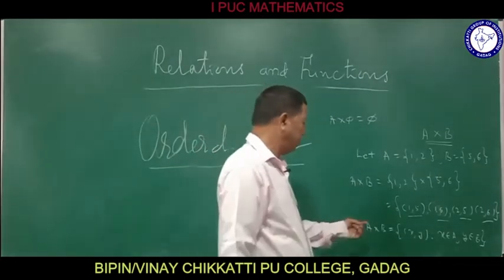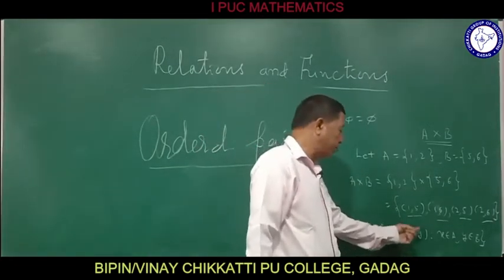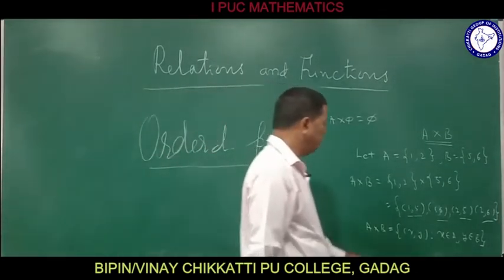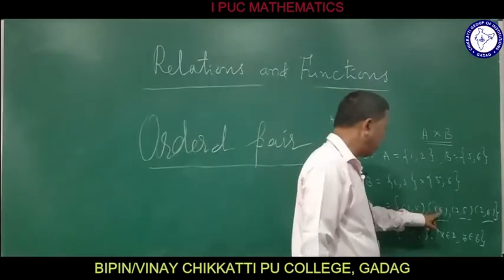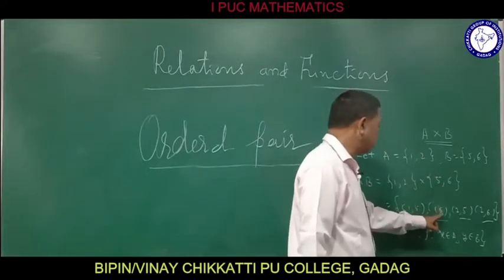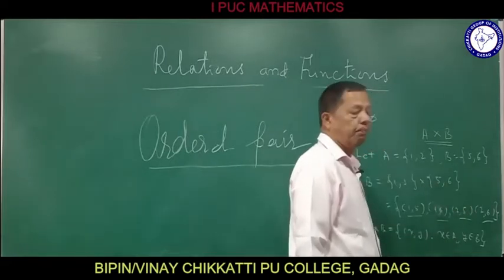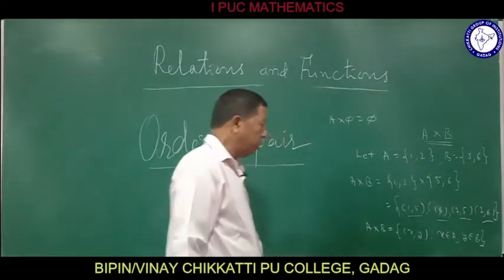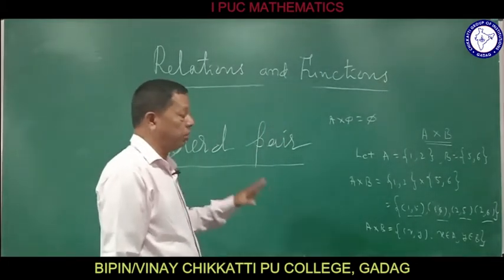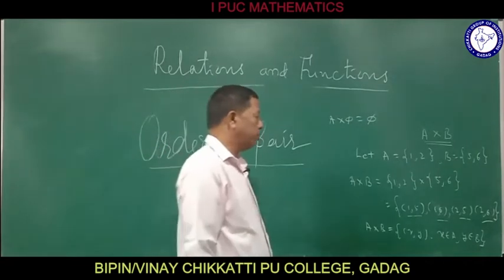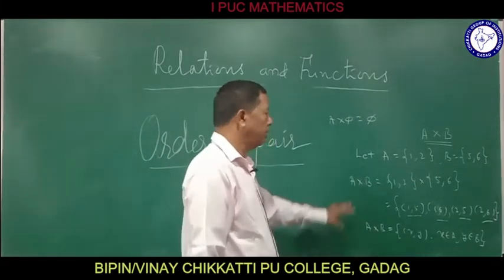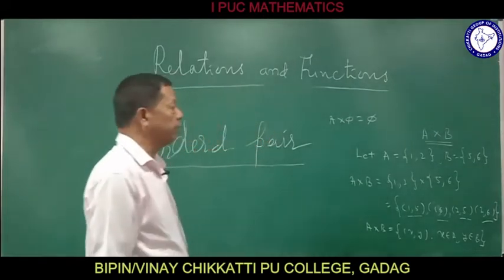It is (x, y) such that x belongs to A and y belongs to B. You see that 1 and 2 belong to A, and the second elements 5 and 6 belong to B. The point is that the first coordinates belong to set A and the second coordinates belong to set B. So this is the definition of the Cartesian product.